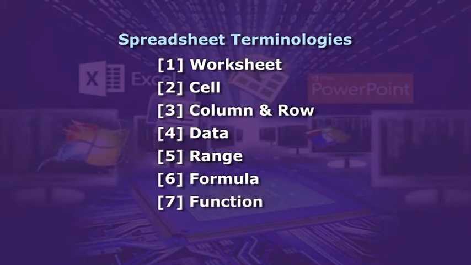Next, function. A function is a preset formula. Like formulas, functions in Excel begin with an equal to sign, followed by the function's name and its arguments. The function name tells Excel what calculations to perform. The arguments are contained inside the round brackets and tell Excel what data or other information to use in the calculations.